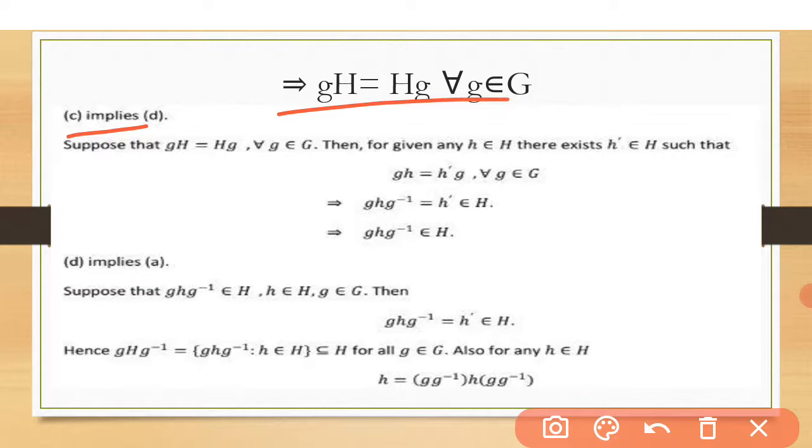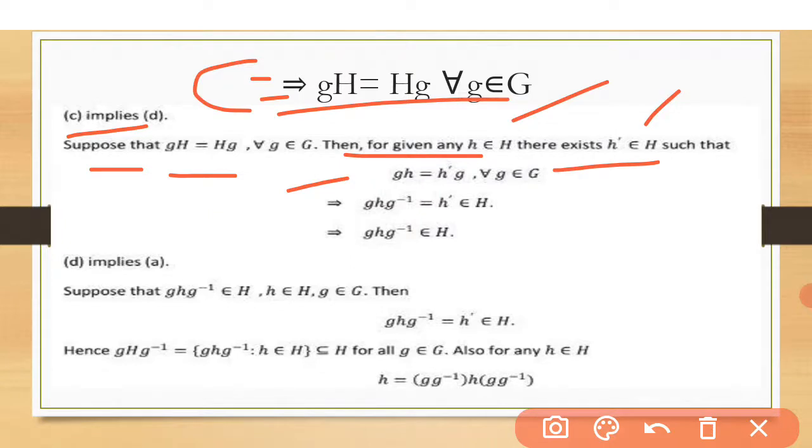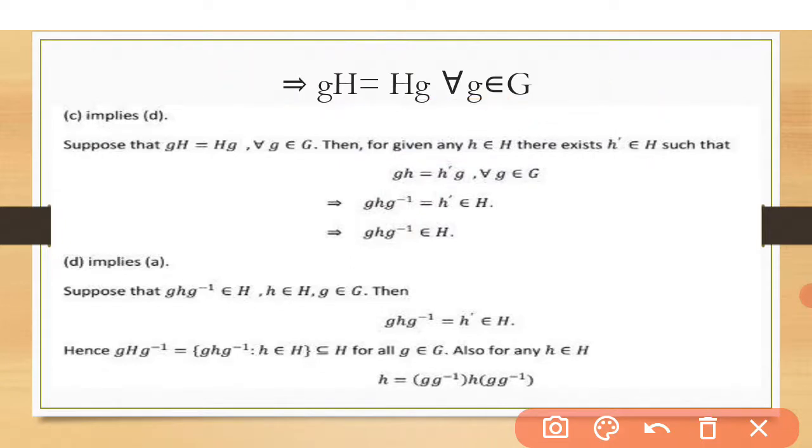The C statement was this. So from C to D, suppose that gh is equal to hg and g belongs to G, then for any h belonging to H, there exists h prime belonging to H such that gh is equal to h prime g.